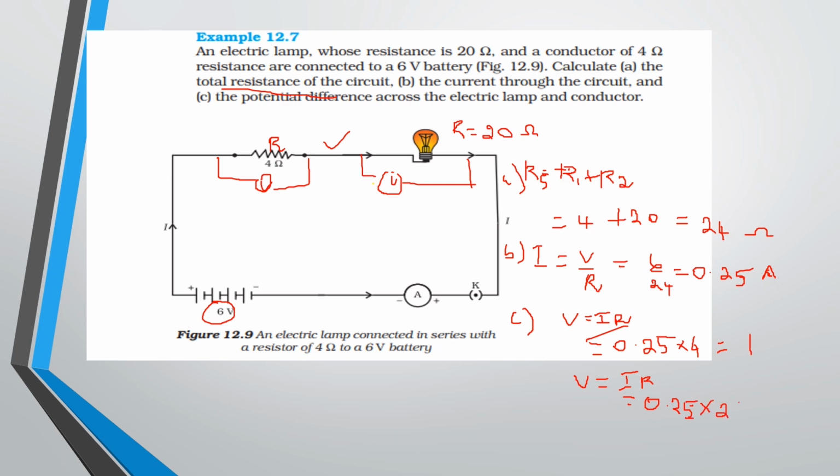The answer is 5 volts. They didn't ask for the total potential, only the potential across the conductor and the lamp. If they ask for the total voltage, we can also add it, that is 5 plus 1, which is equal to 6. So these three options, A, B, C, we have found.